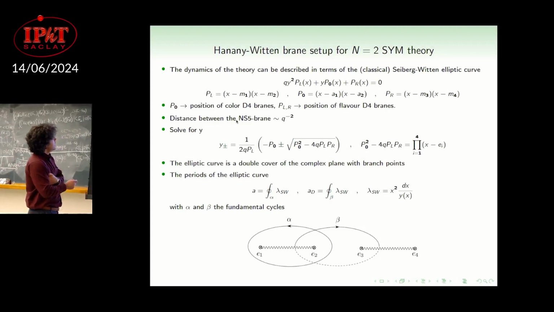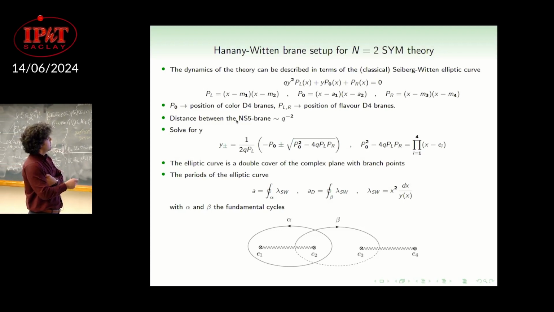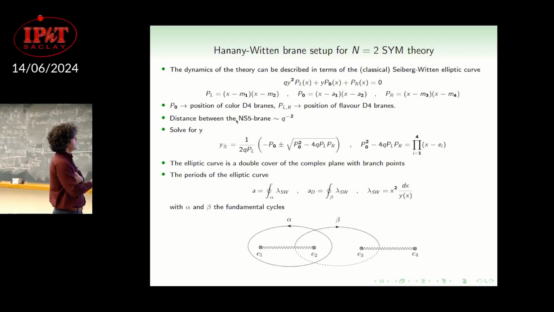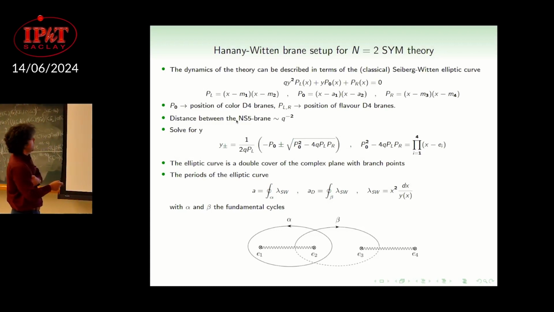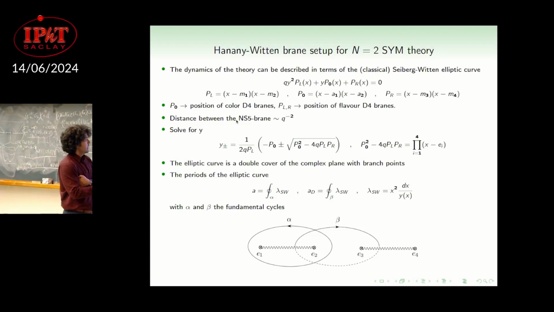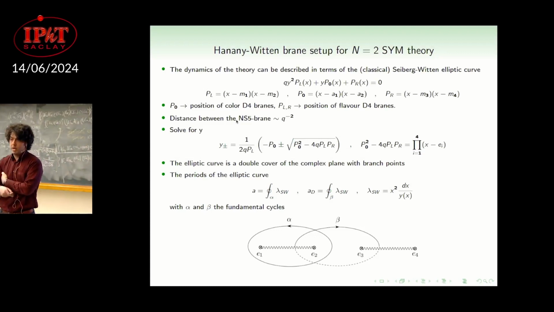These parameters PL, PR, and P0 are respectively the positions of the flavor D4 branes and of the color branes. You can solve this curve in terms of the variable y, and you can see that you have 4 branch points in the complex plane, so you have 2 branch cuts.